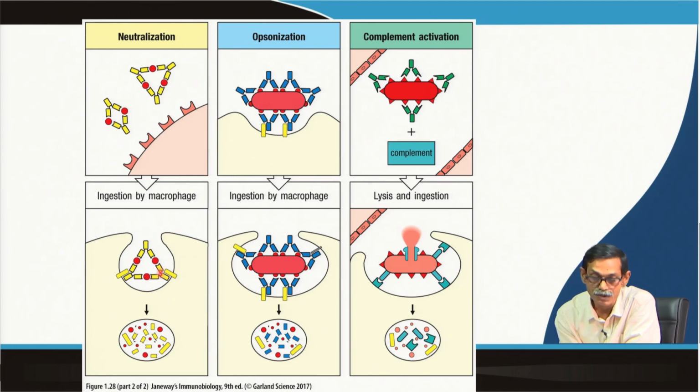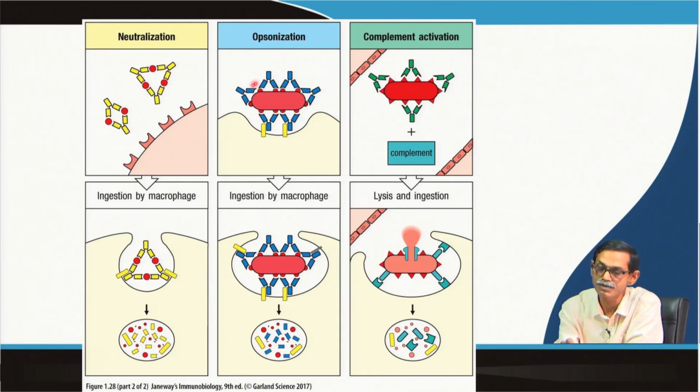By this receptor, this whole complex will attach to the macrophage surface and be taken up by phagocytosis or receptor mediated endocytosis. After being taken up, they will be degraded inside. So, there will be no toxin molecule anymore, and this protein is going to be recycled for the macrophage's own protein synthesis.